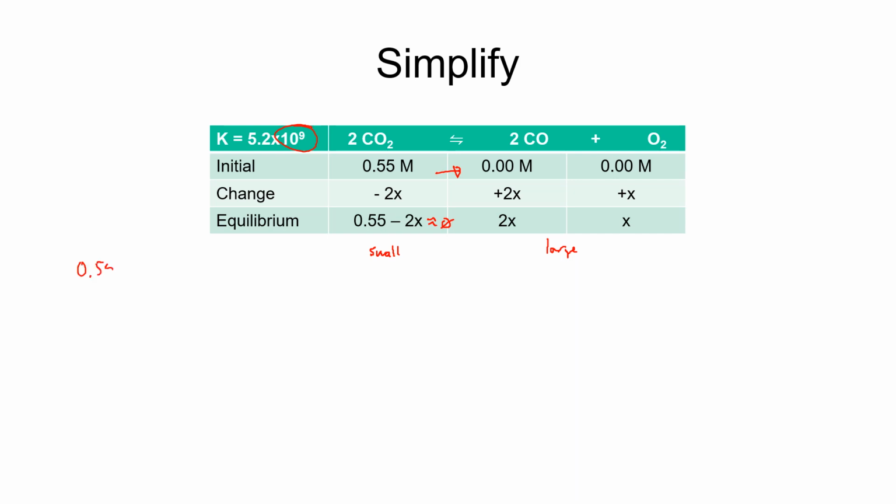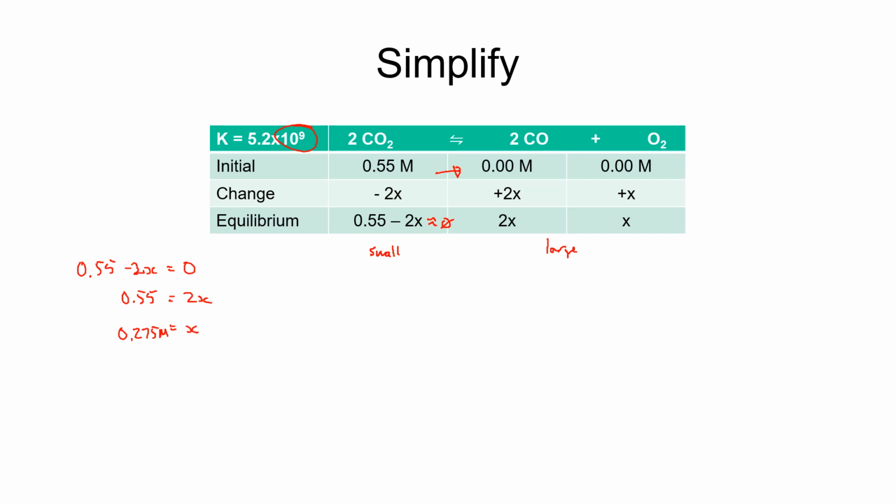We've got 0.55 minus 2x equals 0. And so 0.55 equals 2x, and x equals 0.275. 0.55 divided by 2 equals 0.275 moles per liter. We'll leave it like that for now, and then we can round it off later.